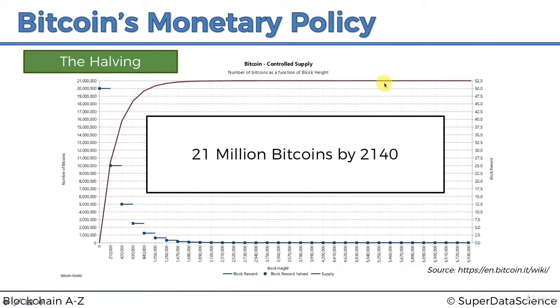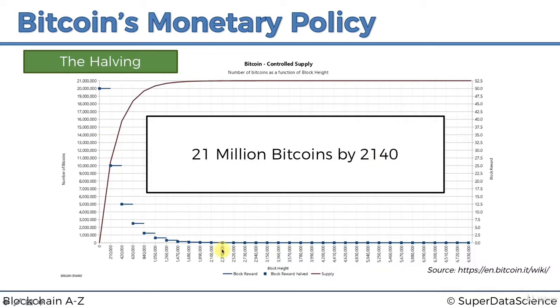It will converge to a certain amount, and in fact, simply because there is a limitation in the accuracy of how much you can divide a single Bitcoin by, the final Bitcoins that will be released as a block reward will happen in 2140 at 21 million.